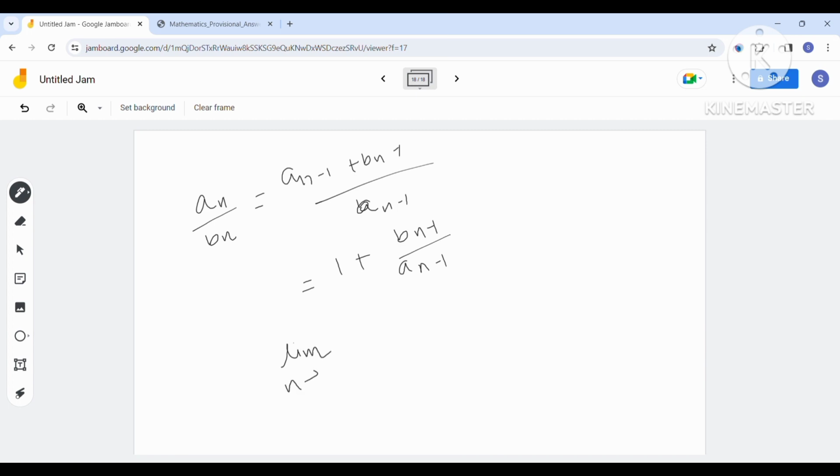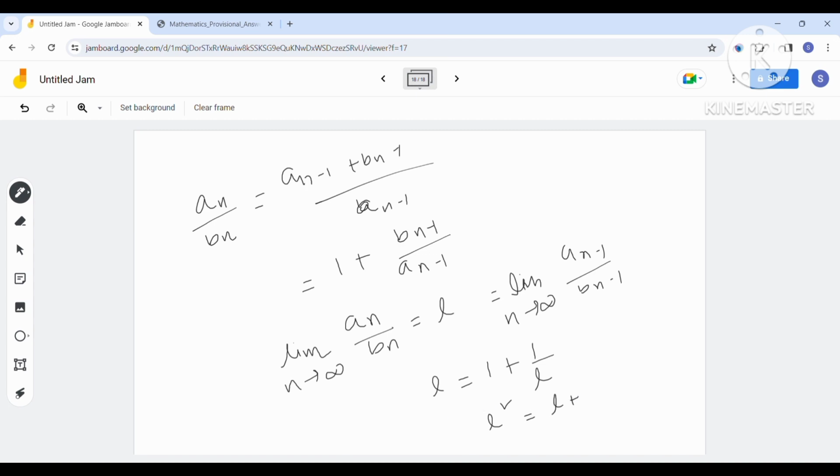Now say the limit as n tends to infinity of an by bn equals L. Then this is the same as the limit of an minus 1 divided by bn minus 1. That means L equals 1 plus 1 by L, and L square equals L plus 1. If you solve it, you will get the solution.